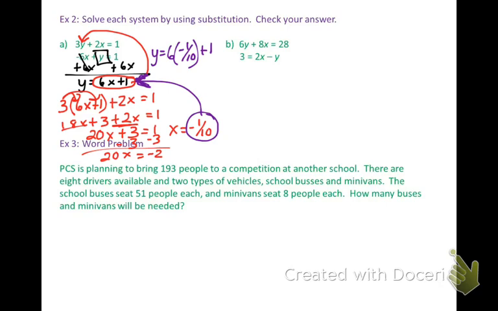So 6 times negative 1/10 is negative 6/10. I can reduce that. That equals negative 3/5 plus 1. Okay, they're opposite signs, so I'm subtracting them. So I have 1, and I'm subtracting 3/5, so that means I have 2/5. So y equals 2/5.